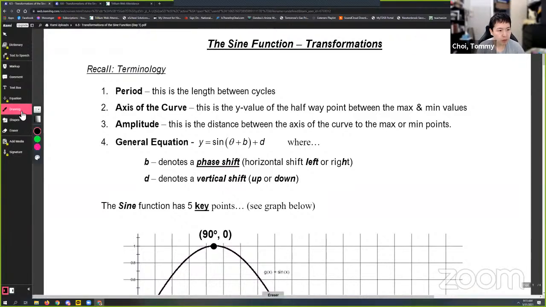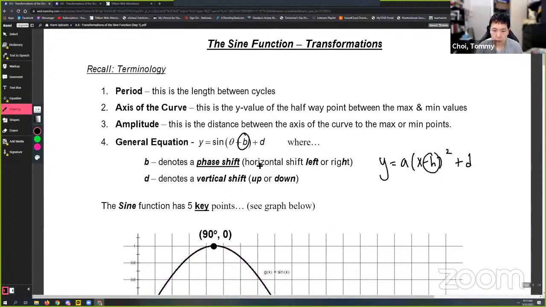If you remember, I'm just going to write it down on the side here. From the quadratic formula, we had y is equal to a bracket x minus h squared plus d.